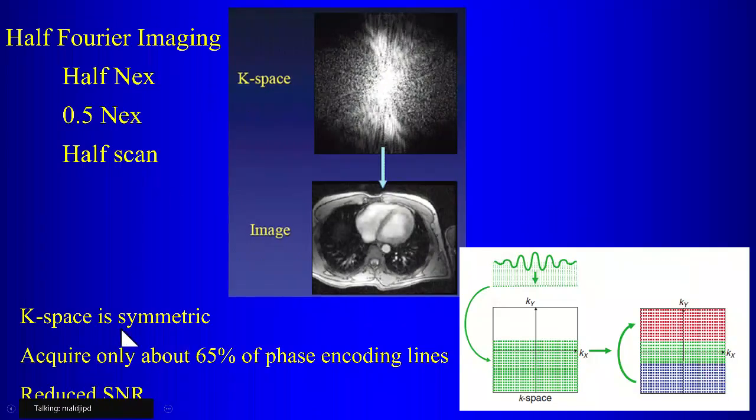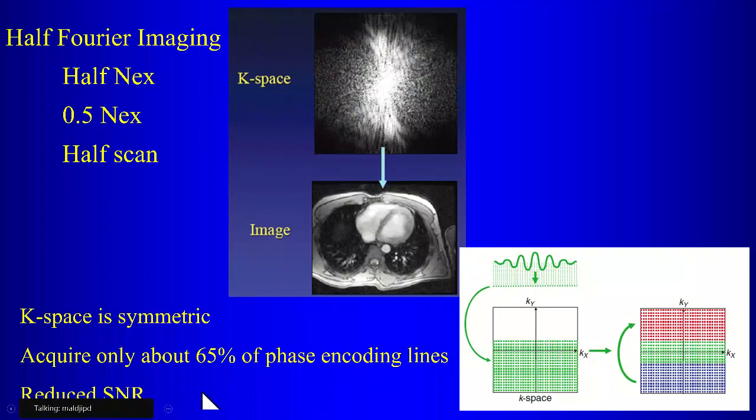So because K-space is symmetric, if we acquire only about 65% of our phase encoding steps, we can estimate what the rest of this would look like and fill it in. And then that's enough to generate an image, okay? The penalty for that is it's not exactly the same as if you had actually acquired it.